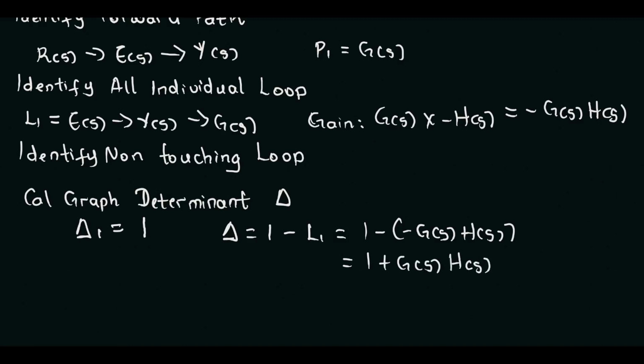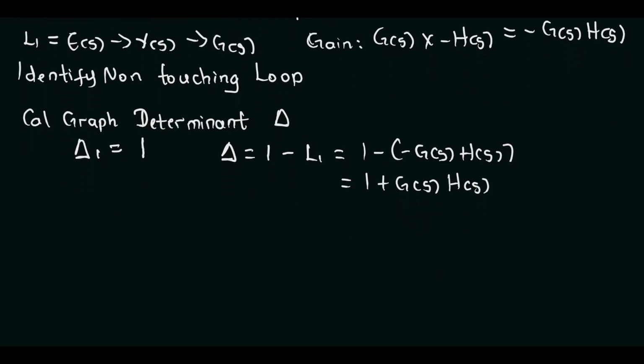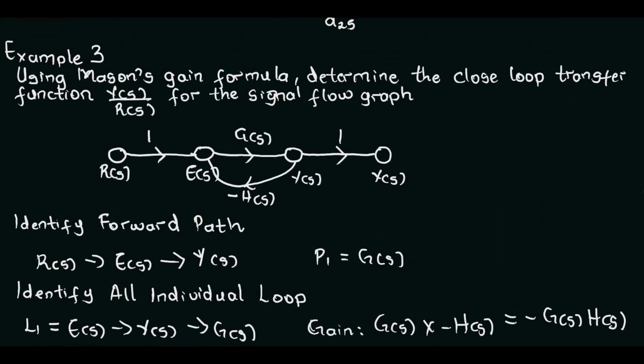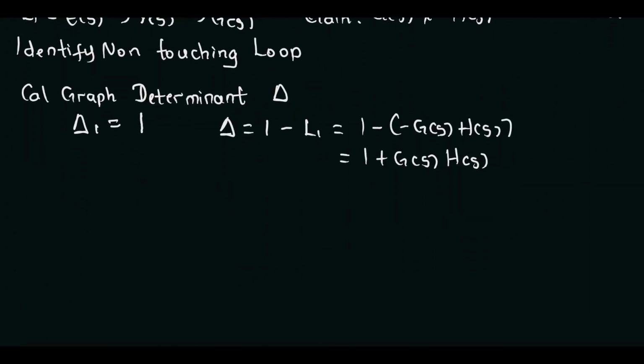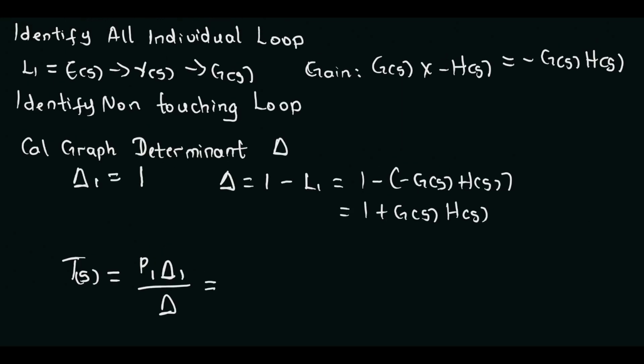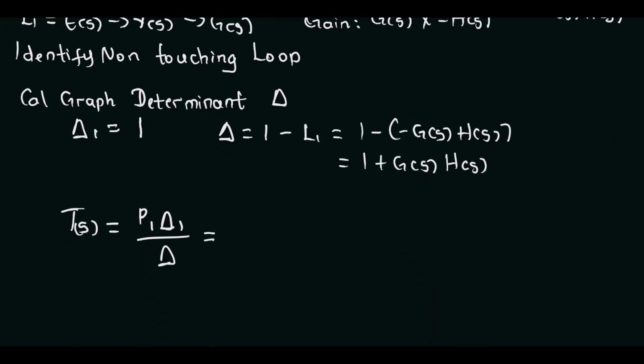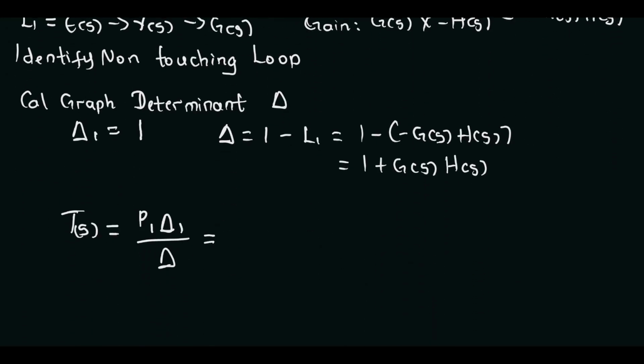Now, the formula we're using is the Mason gain formula. C of S equals P1 delta 1 over the total delta. What's the P1? The P1 is G of S, multiplied by what's the delta 1?